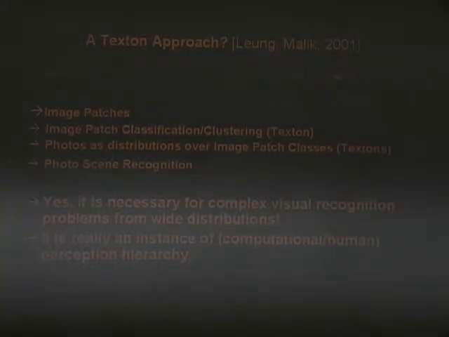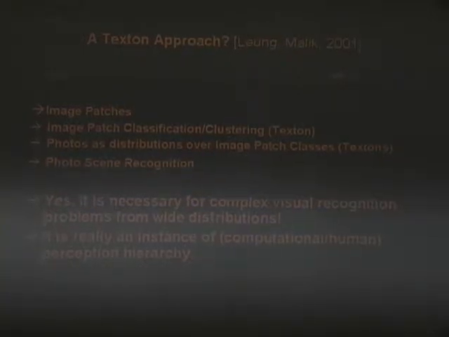I personally think that for complex visual recognition problems, the texton is a very good idea, because if you think directly at the whole photo scale, things are very different. There is large variation, and you cannot model them very well. But if you cut them into local elements, I think the problem is more feasible and tractable, because any complex thing can be converted into a distribution over simple elements.